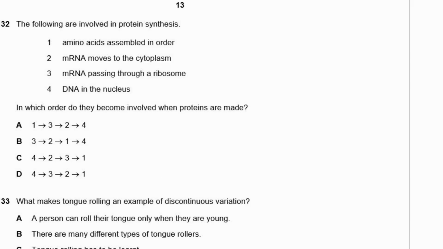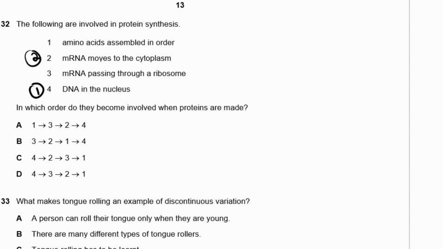Question 32. The following are involved in protein synthesis. In which order do they become involved when proteins are made? Amino acids are assembled in order. That sounds like the final step. mRNA moves to the cytoplasm, mRNA is passing through a ribosome, and DNA is in the nucleus. Well, it starts off with DNA in the nucleus, and the mRNA has to go from the nucleus to the cytoplasm.